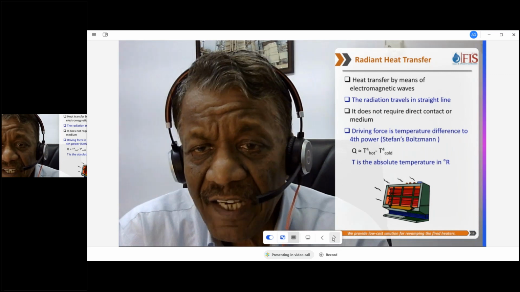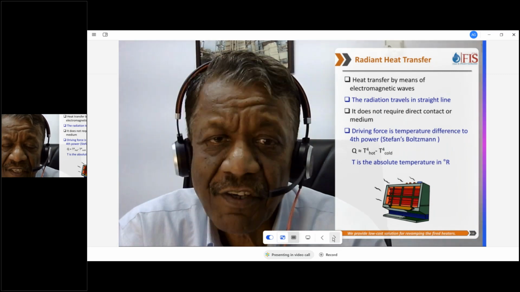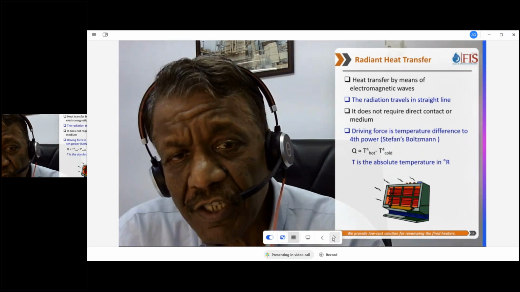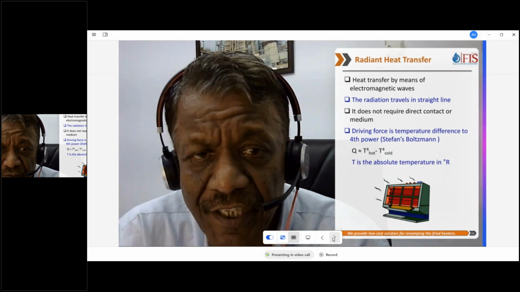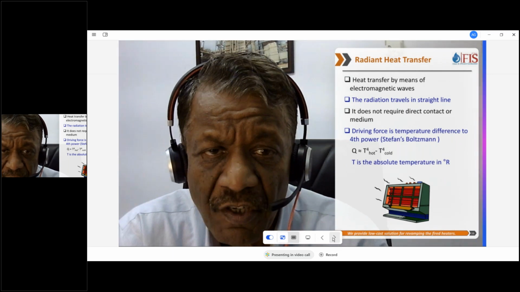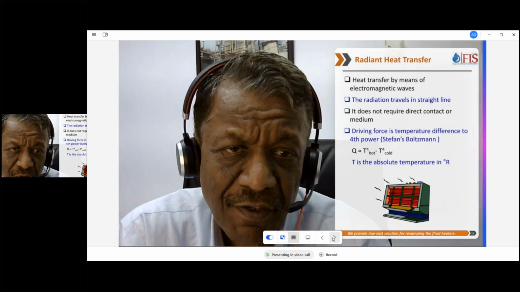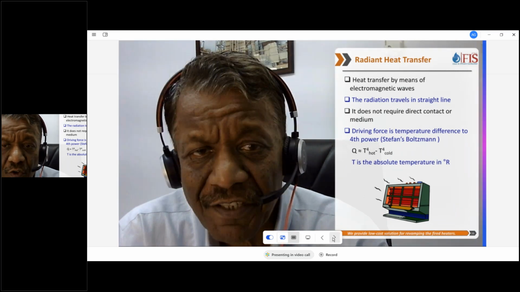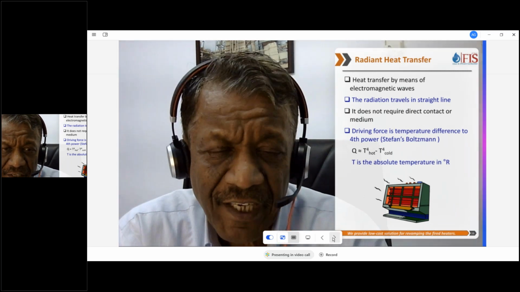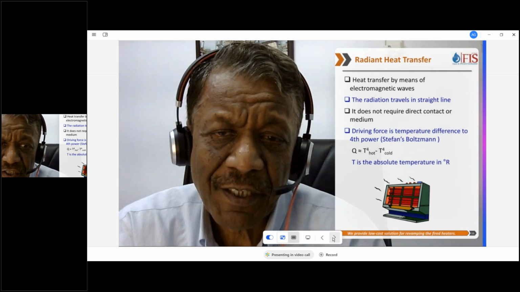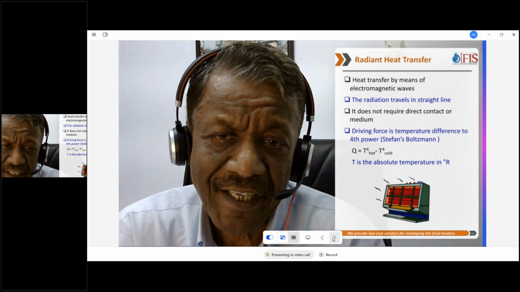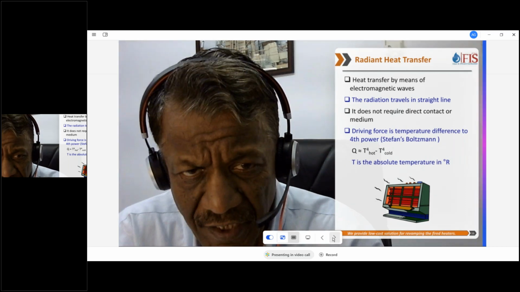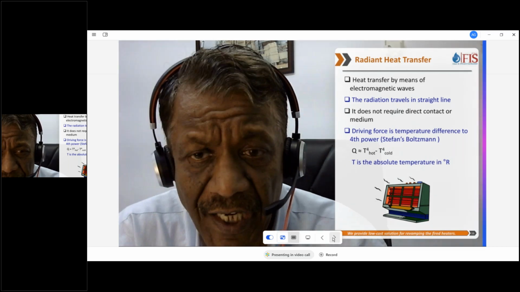And radiant heat transfer is governed by the Stefan-Boltzmann equation, where Q is proportional to T raised to the power 4 of the hot and T raised to the power 4 of the cold. Here, hot will be the flue gases and cold will be the tubes. And we are talking of absolute temperatures in degree Rankine or degree K. That is generally how the relation is described.